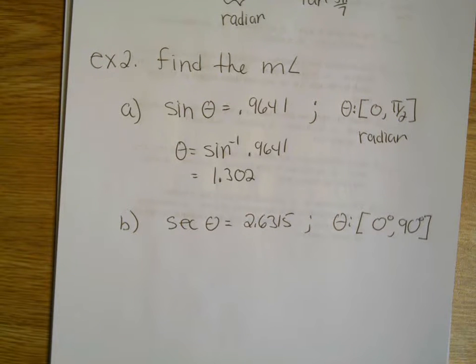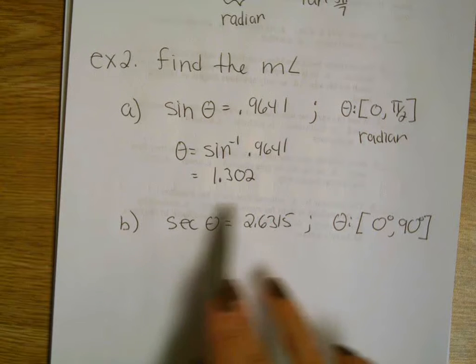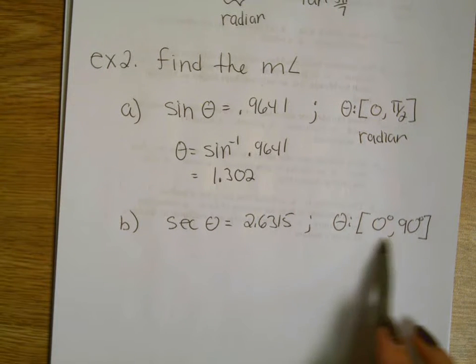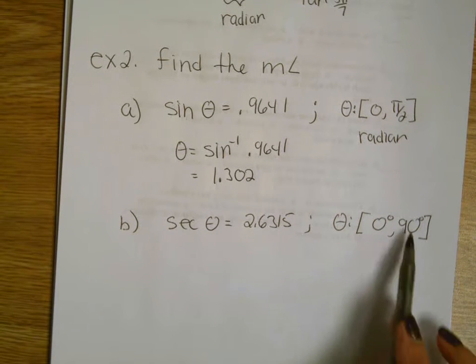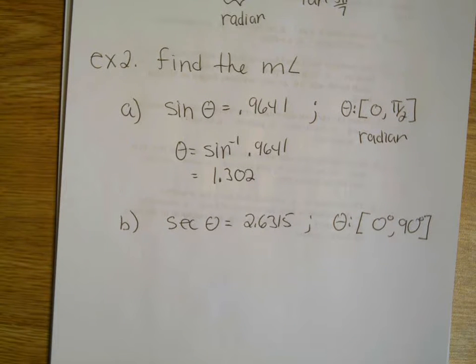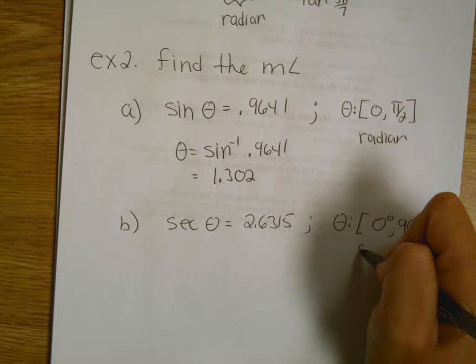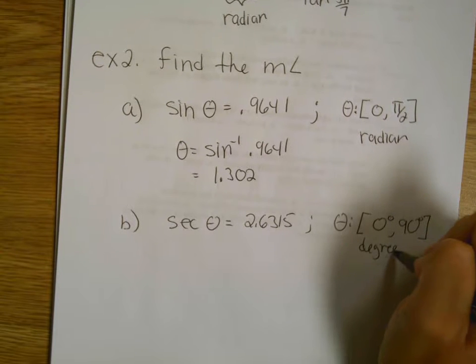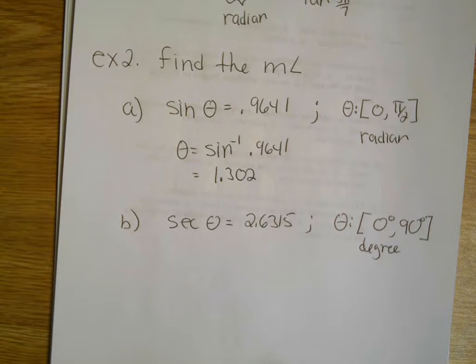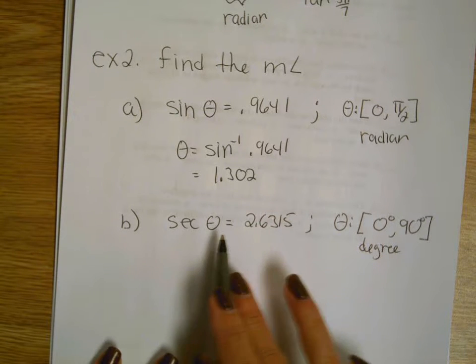Adam, for this one, you do inverse cosine of 1 over 2.631. Very good. But in degree mode. So this interval is telling you what mode to put your calculator in, because I want a degree answer. So if you switch yourself to degree mode, and then do inverse cosine, and Adam had it all set right off the bat.